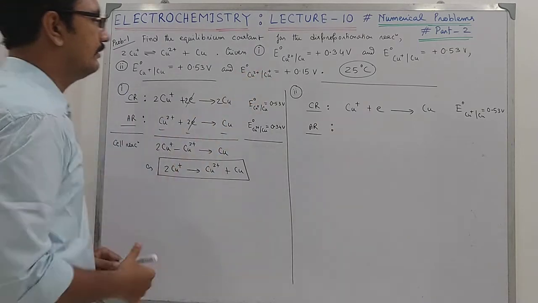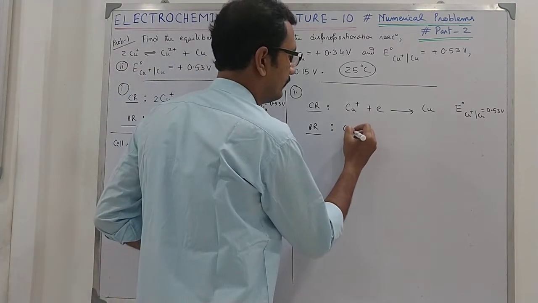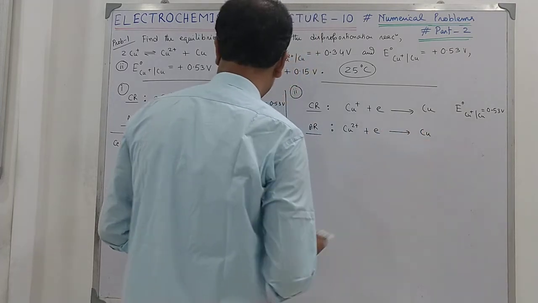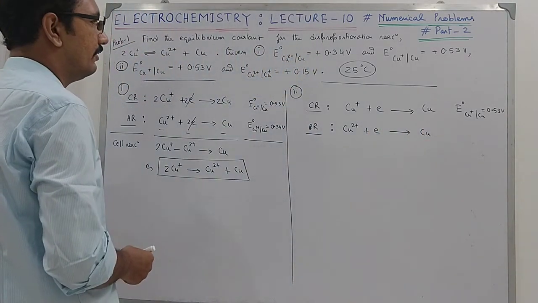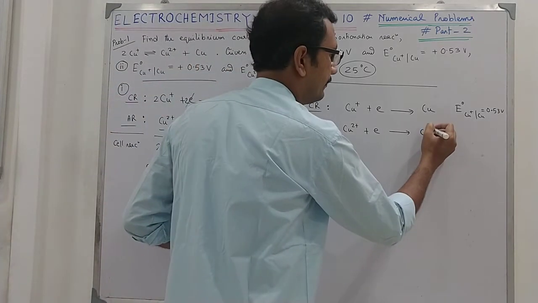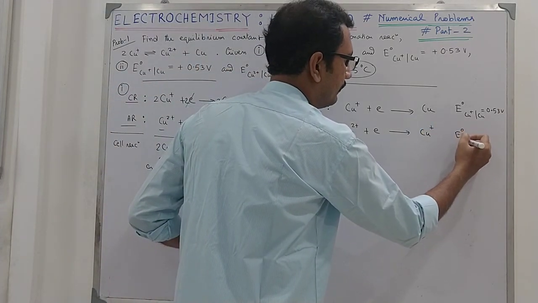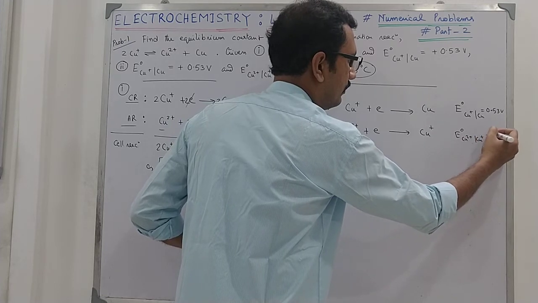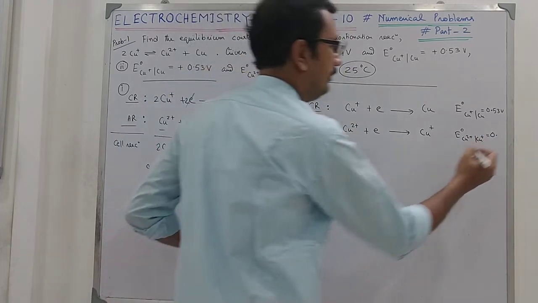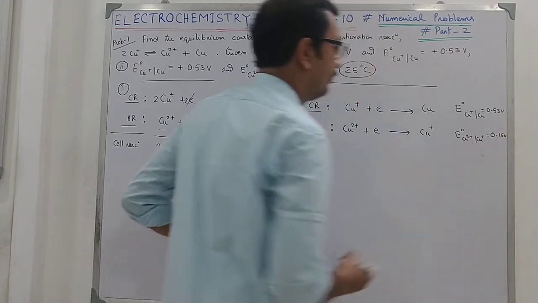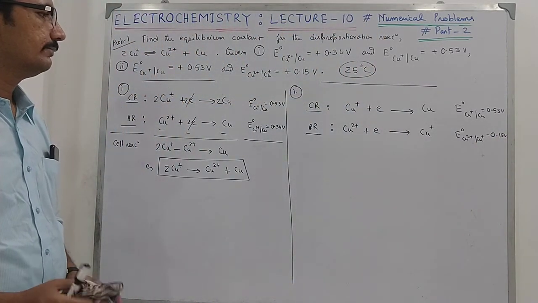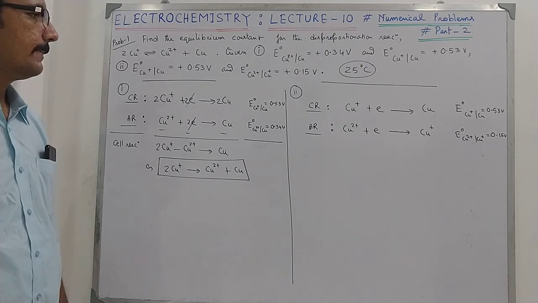It is Cu2+ + electron arrow Cu+, and this value is 0.15 volt. Check whether I am correct or wrong.